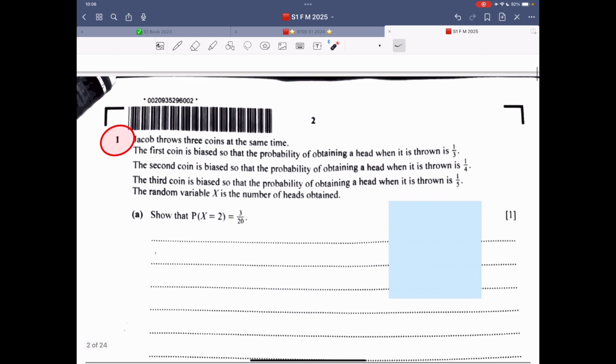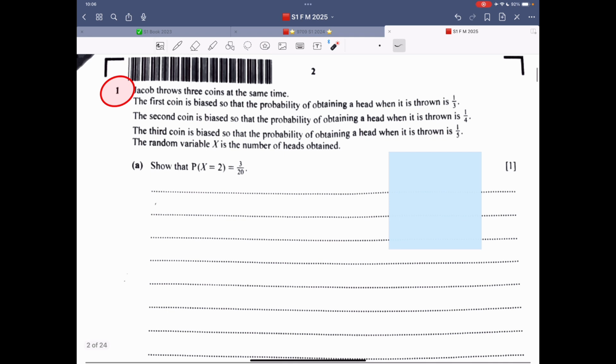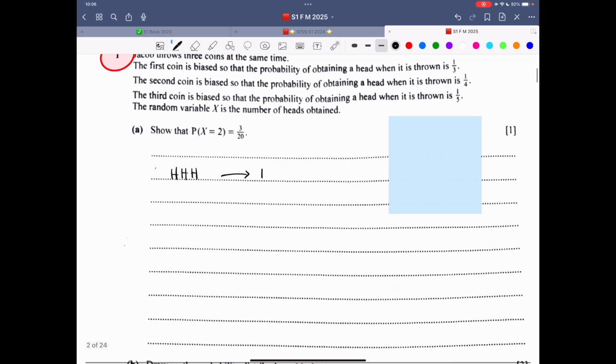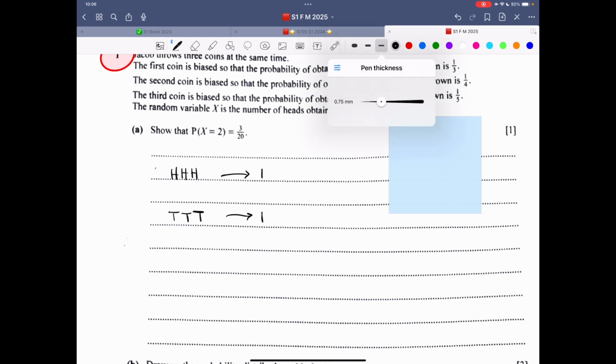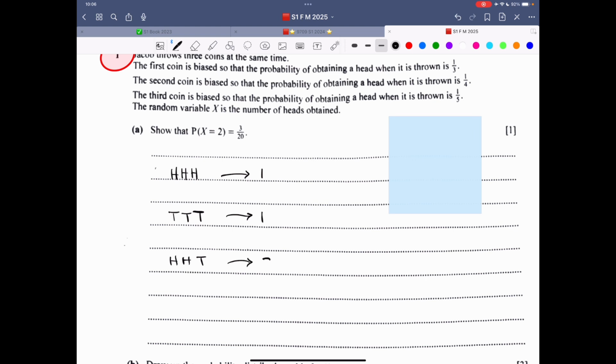Now this is a traditional question that comes, and it's about the concept that you can have 3 heads, you can have 3 tails, you can have 2 heads and a tail, you can have 2 tails and a head. So there are 8 possibilities. Let me just write the groundwork for this one. For 3 heads, there is one option. Similarly for 3 tails, there is again one option. For head, head and tail, there are 3 options.